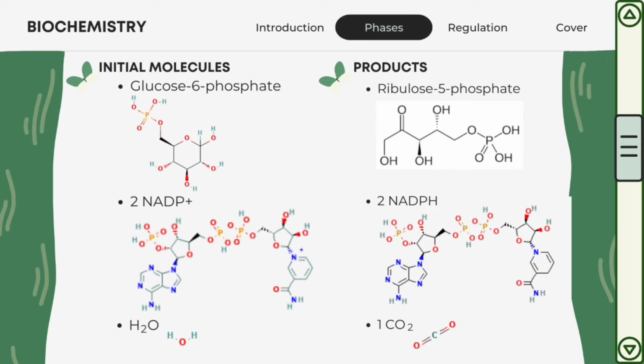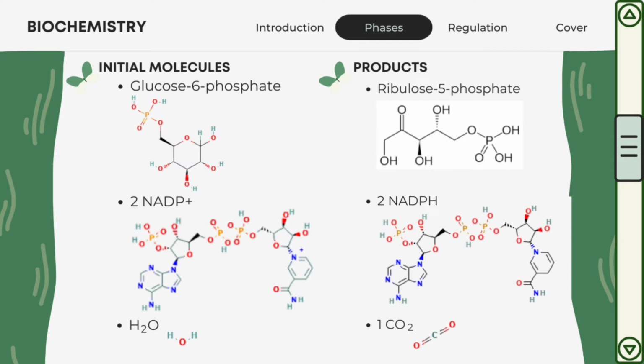Next is the NADP+, that comes from anabolic reactions. NADP+ is a coenzyme that functions as a universal electron carrier, accepting electrons and hydrogen atoms to form NADPH. And lastly, the water molecule or H2O that contains two hydrogen atoms joined by a single oxygen atom.